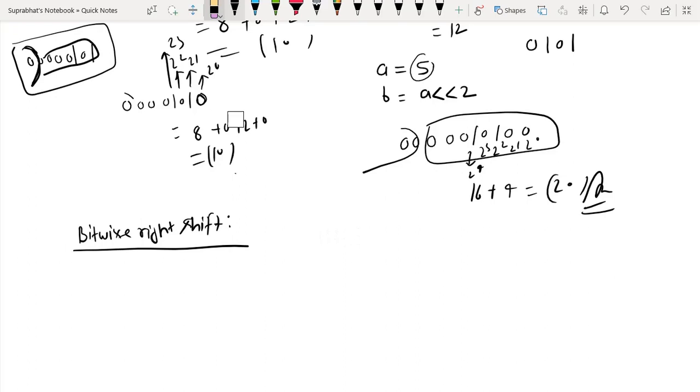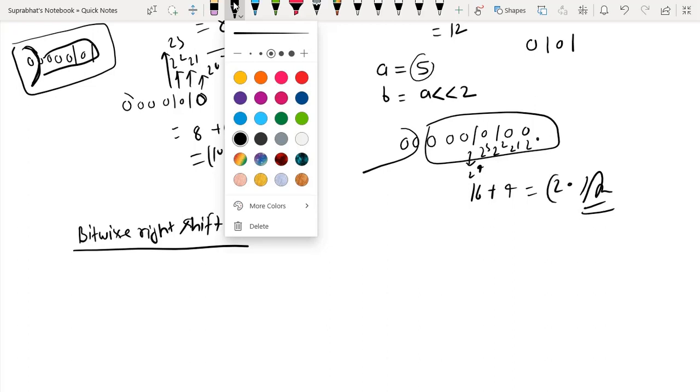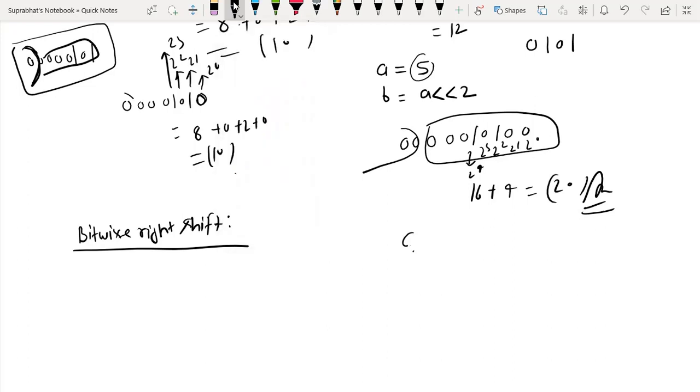Suppose I have taken a equals 20, and I am using b equals a right shift 1. So I am printing b.